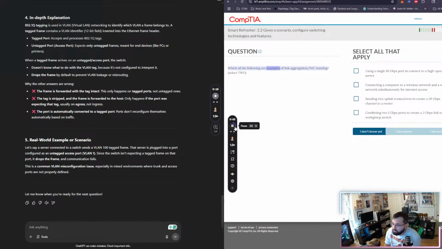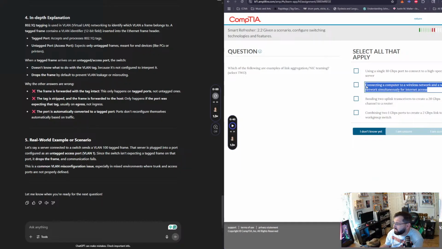Which of the following are examples of link aggregation, NIC teaming? Connecting a computer to a wireless network and a wired network simultaneously? Maybe. Using a single 10 gigabit port to connect? No. Bonding two uplinks, combining 1 gigabit ports to create a larger link.